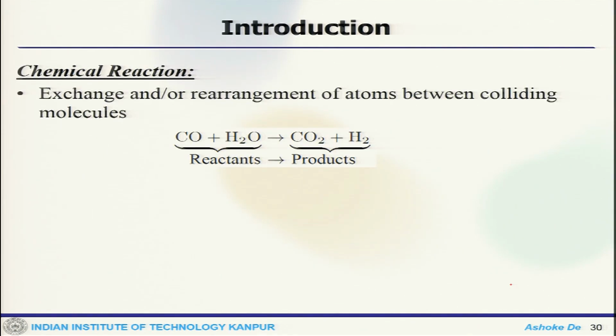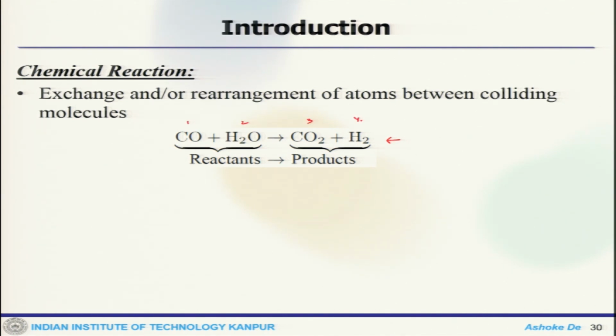Now, moving ahead, we can look at some of the fundamentals of this combustion process, where we look at first the chemical reaction. So, what happens? This is a sample chemical reaction with multiple species: 1, 2, 3, 4.